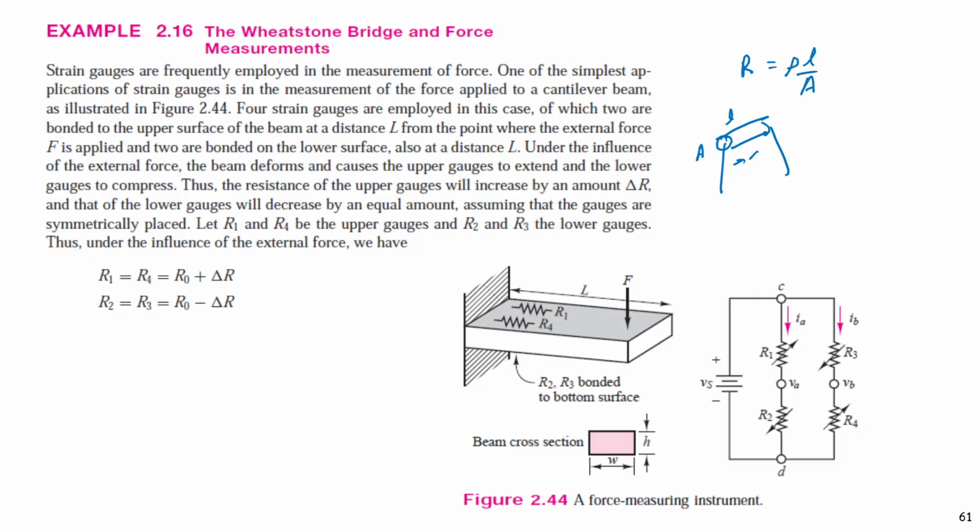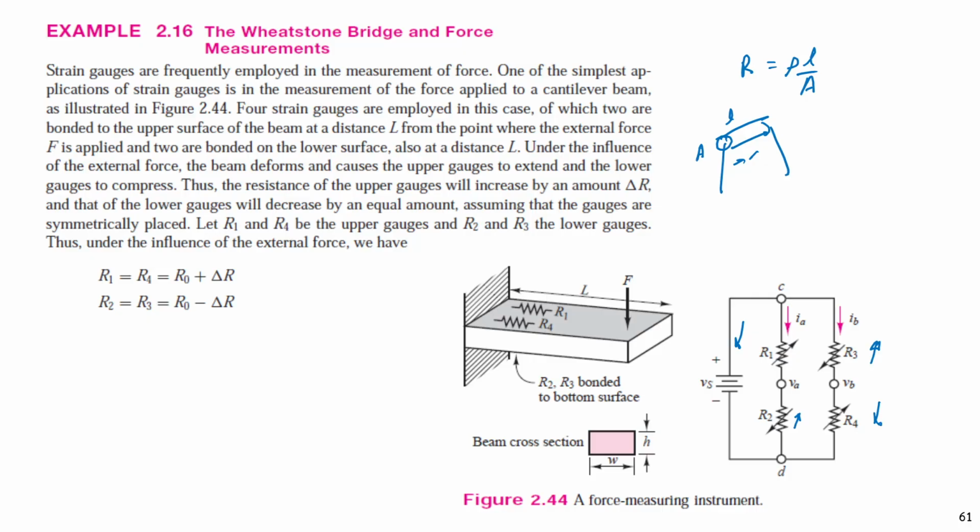So the resistance of R2 and R3 will be increased by force. But R1 and R4 will be decreased by force, right? In different directions: these two increase, these two decrease like this.